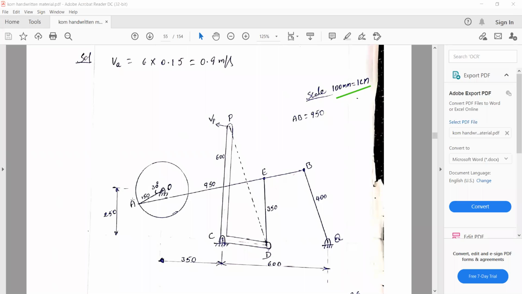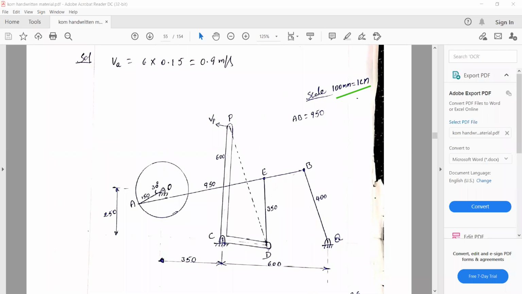Now the angle of our crank: the crank makes an inclination of 30 degrees with the horizontal line.